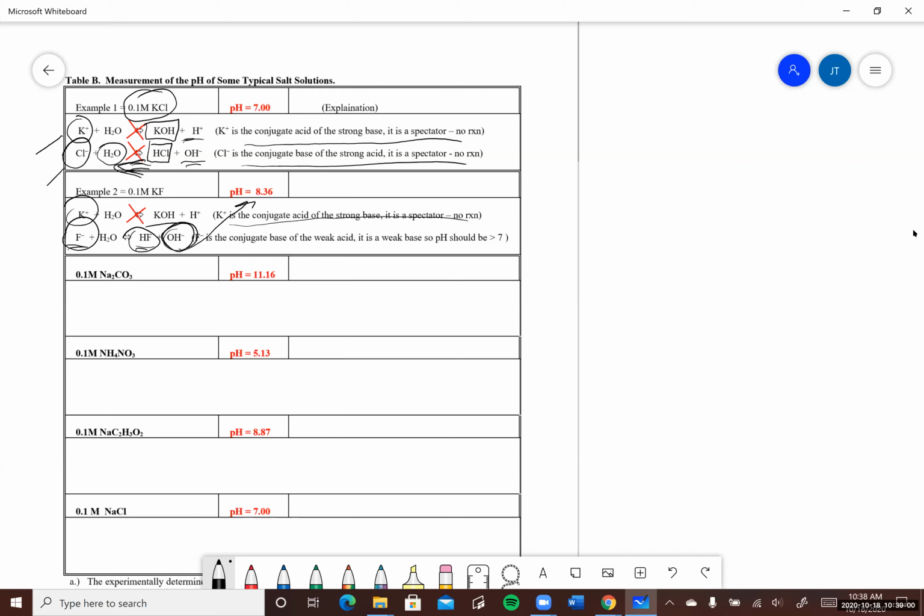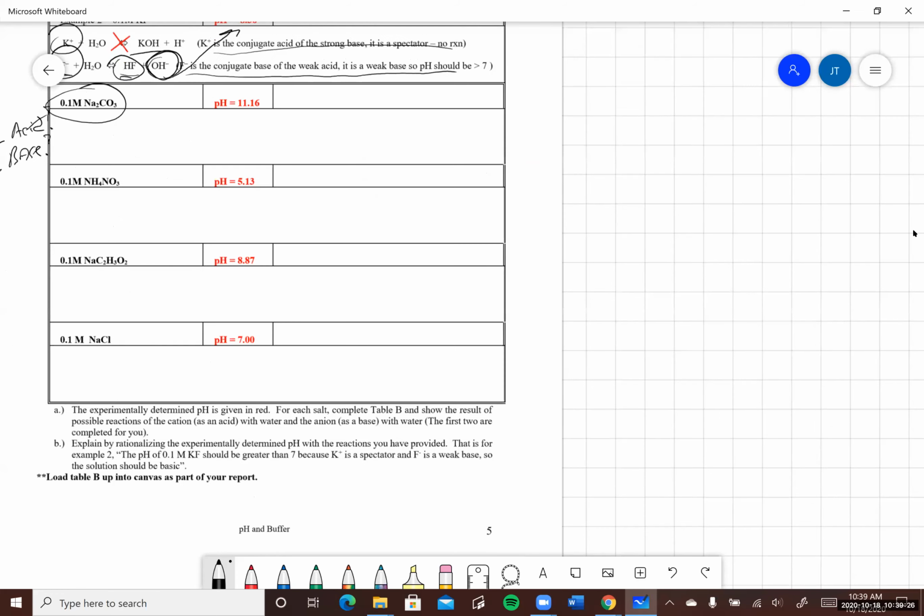You're going to say, okay, spectator, this is the conjugate of a weak, and therefore the pH should be greater than 7. So you're going to explain it in each one of these cases for the ions, where you consider the cation as an acid, question mark, and the anion as a base, question mark, and then go ahead, write it out, and give your explanations.